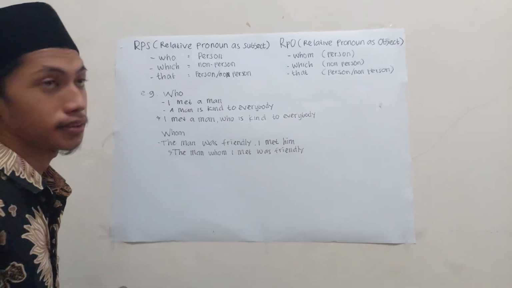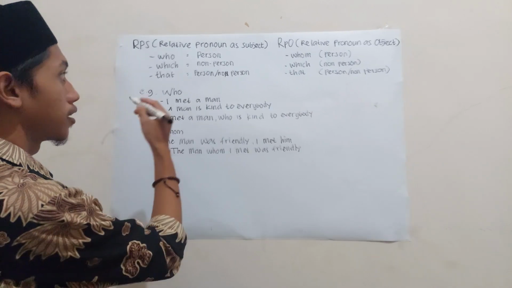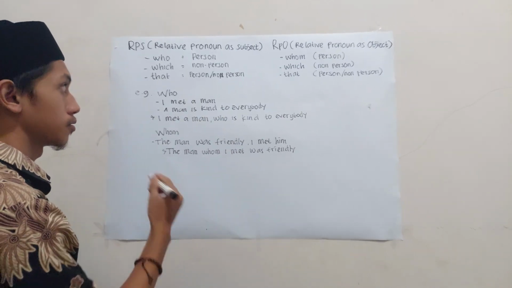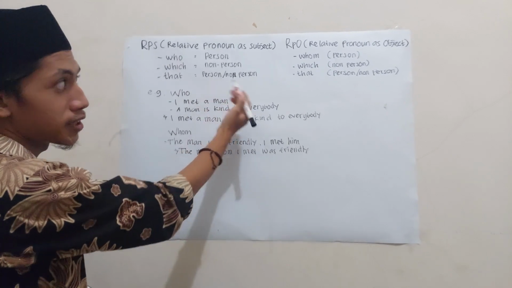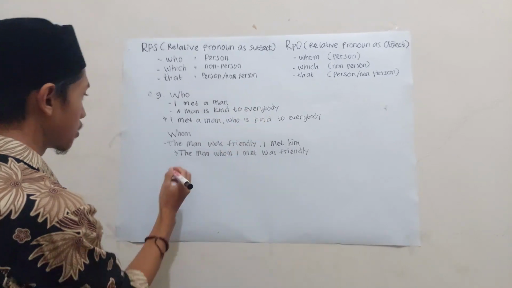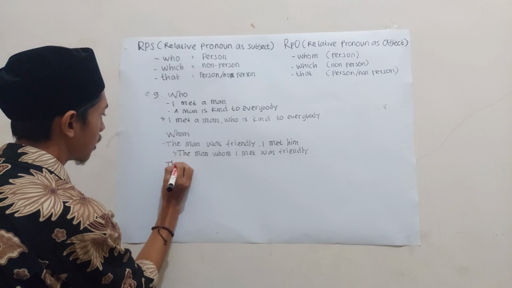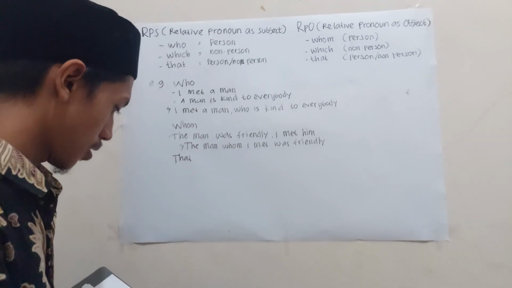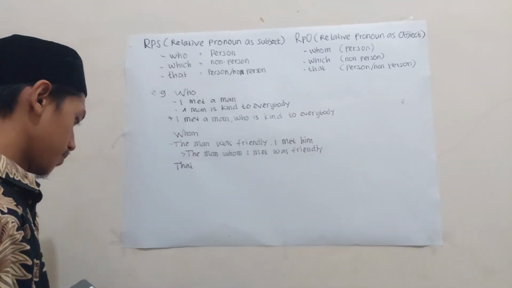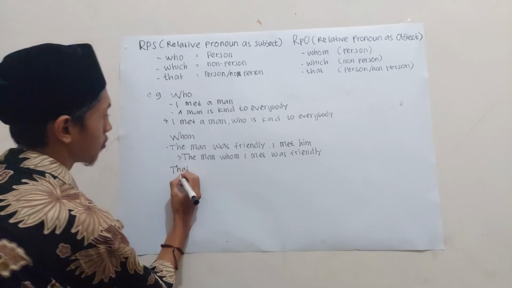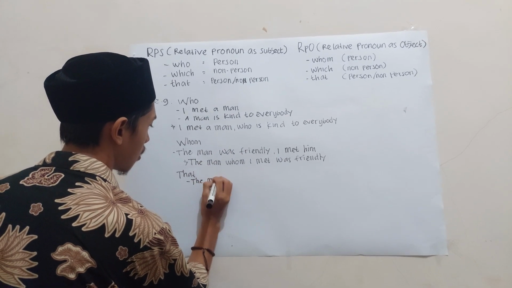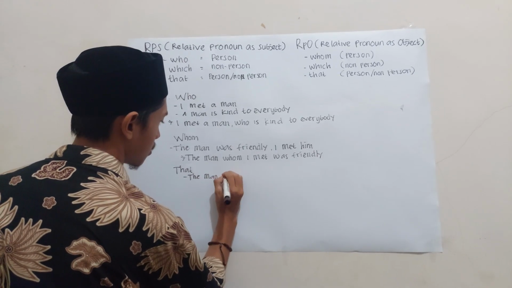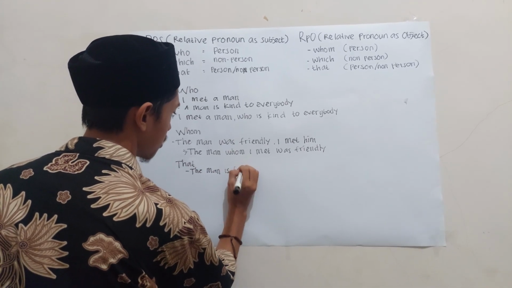And how about that? That can be used for a person or a non-person, for people or things. For example, the first sentence, the man is friendly.